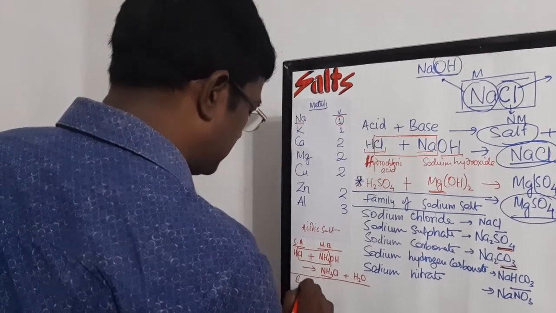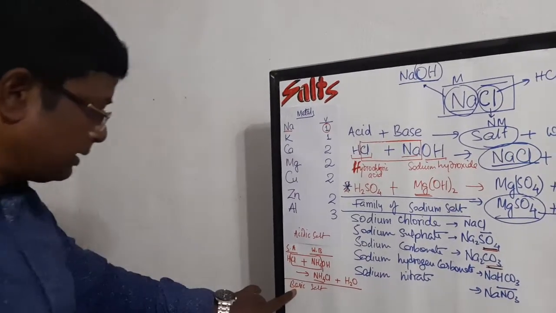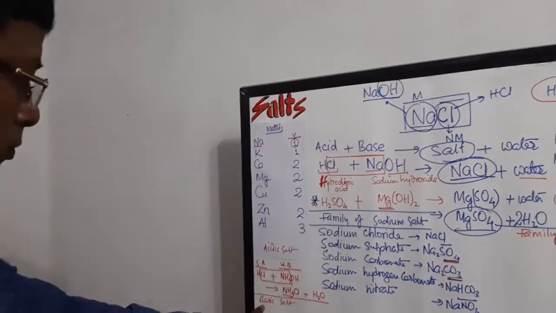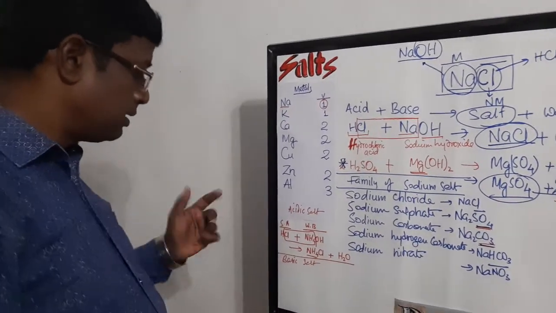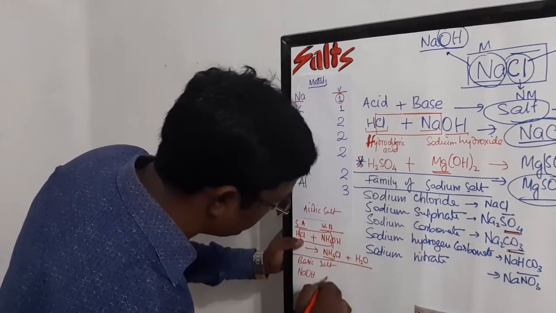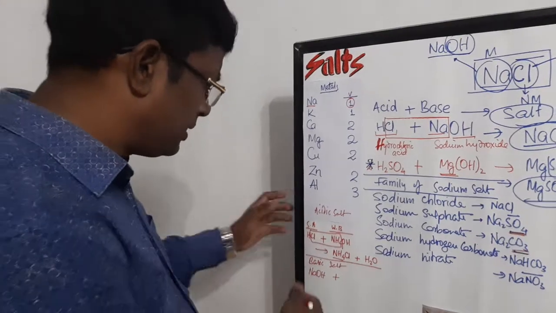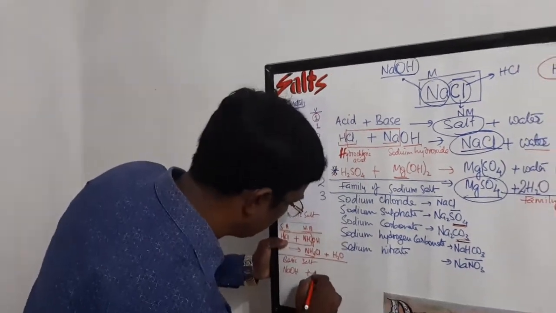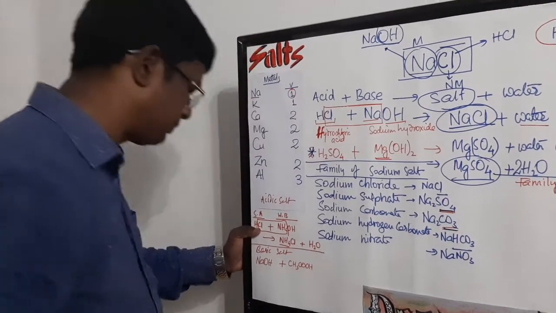An example of basic salt. As the name suggests, here base is the strong one. It is formed from strong base and weak acid. Strong base, sodium hydroxide, is the strongest with a pH of 14, and a weak acid you take, acetic acid, CH3COOH.